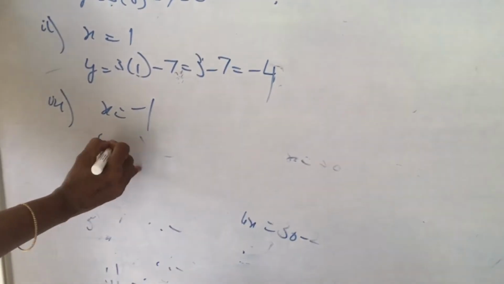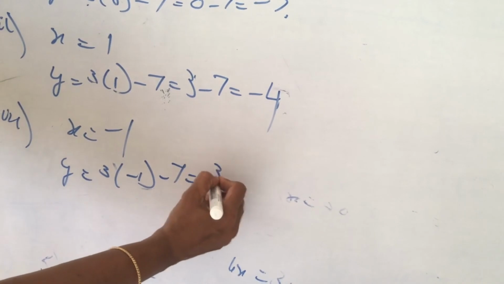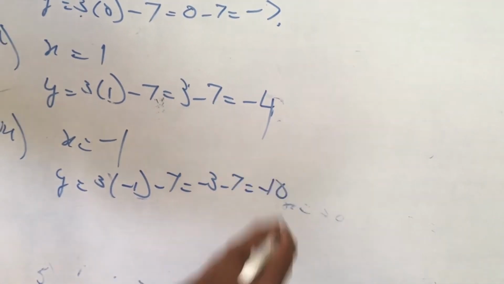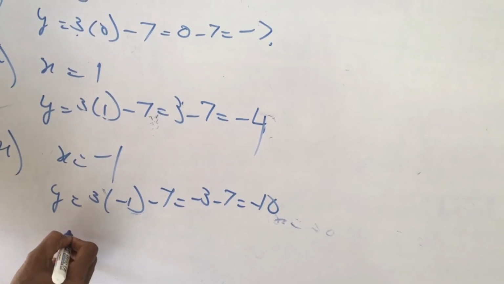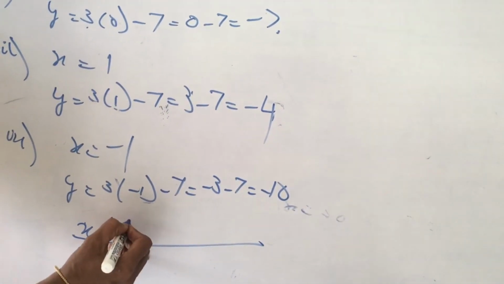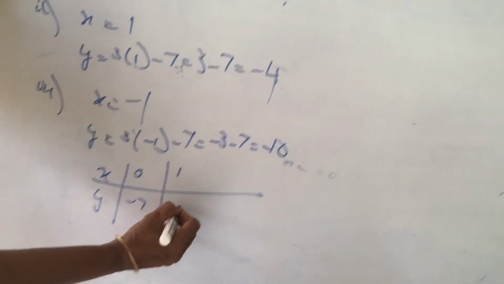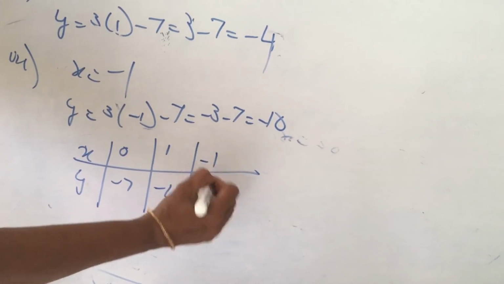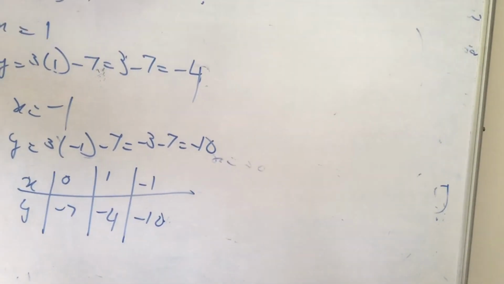X is equal to minus 1, 3 into minus 1 minus 7, minus 3 minus 7 is minus 10. 3 values are enough, children. Don't forget to put the values in the box, girls. 0, minus 7, 1, minus 4, minus 1, minus 10. Hope you remember.